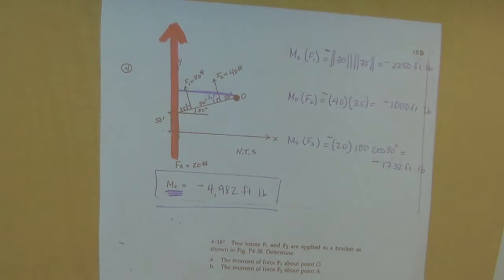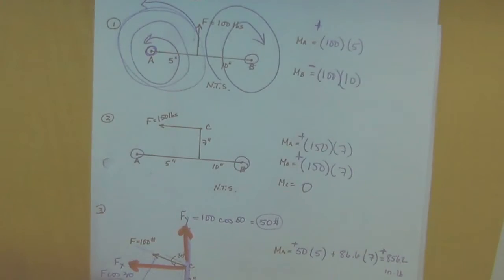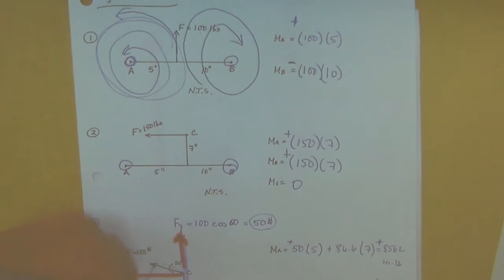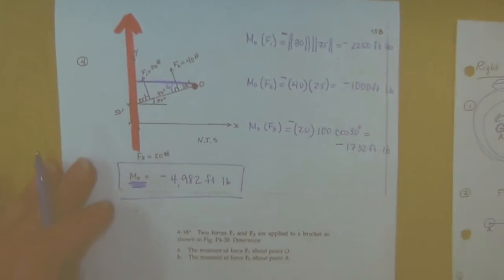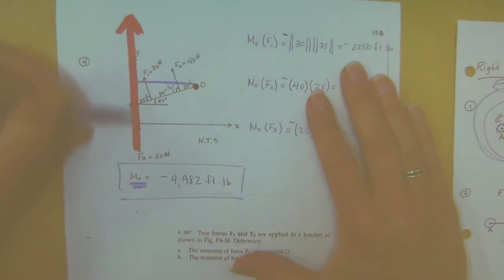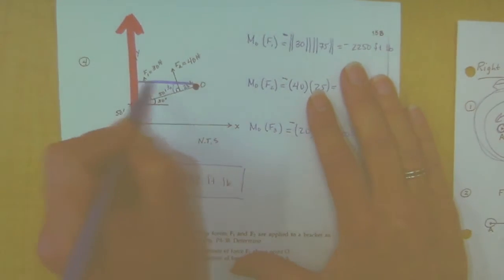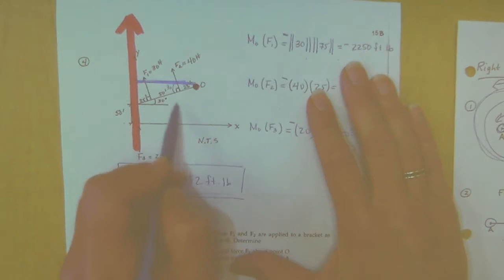Julian, since point O is located right there, we're not going to take that force 3 and break it up into two components? No, because the only reason I broke this up is because I was having difficulty doing the geometry to find this perpendicular distance. But in this problem, the perpendicular distance between this force and the point is here, and I have no problem doing trig.